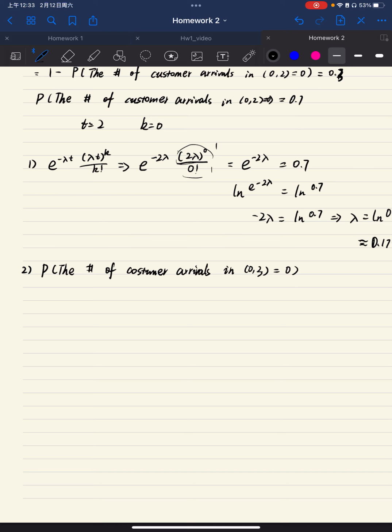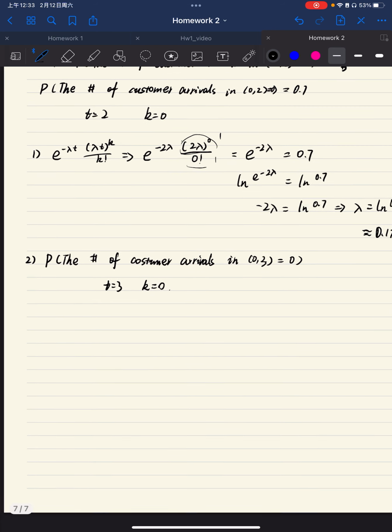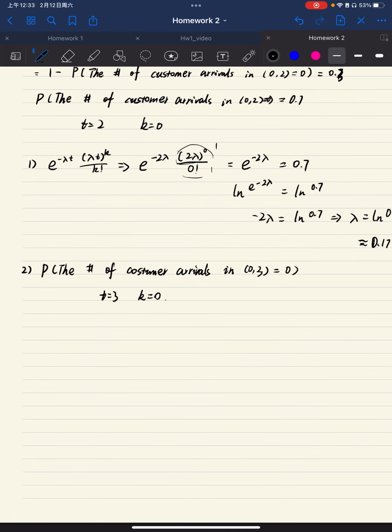So we have time equals 3 and k equals 0, and put everything into the formula, and it is around 0.586.